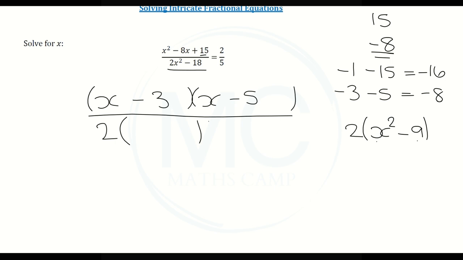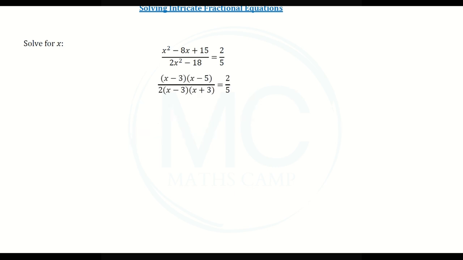Open up two brackets. Square root of x squared is x, there and there. Square root of 9 is 3, 3 over here and 3 over here. Let's separate these terms with a plus sign and these with a minus. I'm going to tidy this up a little bit. Okay, and we've made it equal to the fraction 2/5, which is up here.